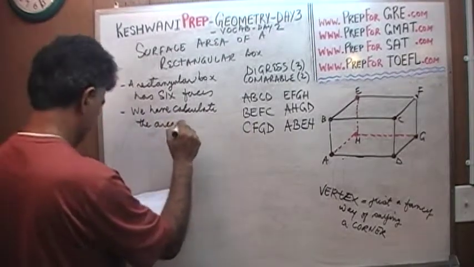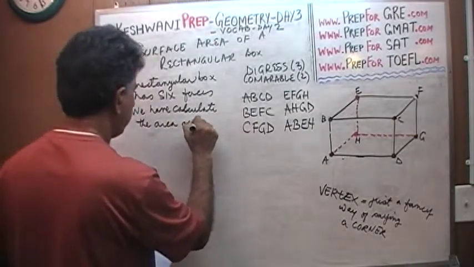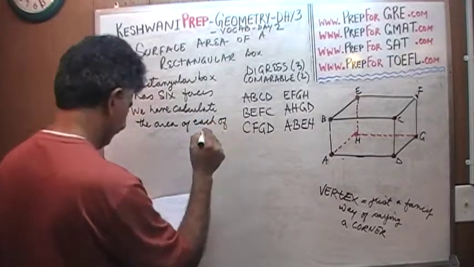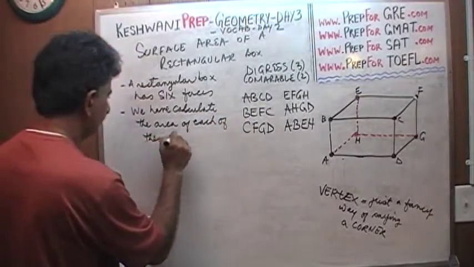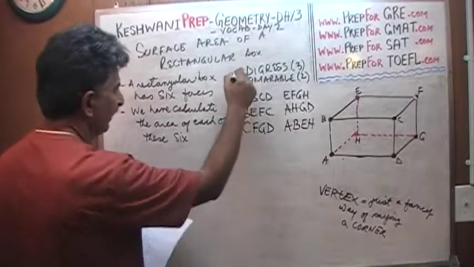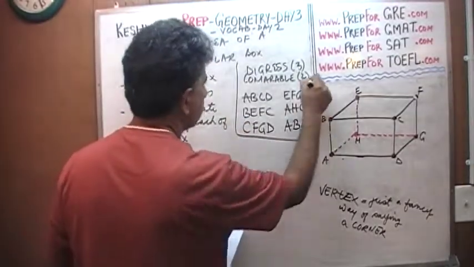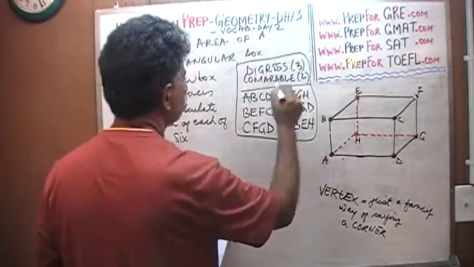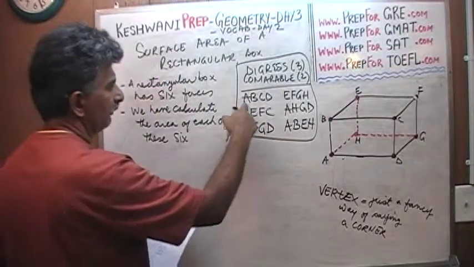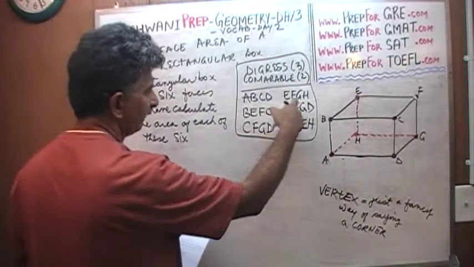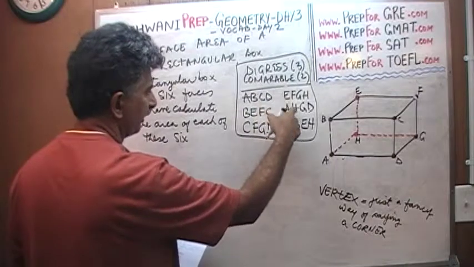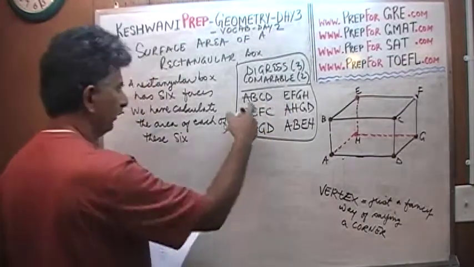We have to calculate the area of each of these 6 faces there, right here. So this is A, B, C, D, and this is the comparable face, and so forth. That's why I use the word comparable. These are the comparable faces, this and that. They go in pairs.